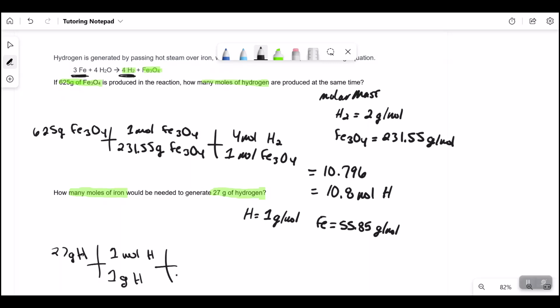So we have 4 moles of hydrogen to 3 moles of iron. And when that goes into our calculator, we should get an answer of 10.1 moles of Fe.